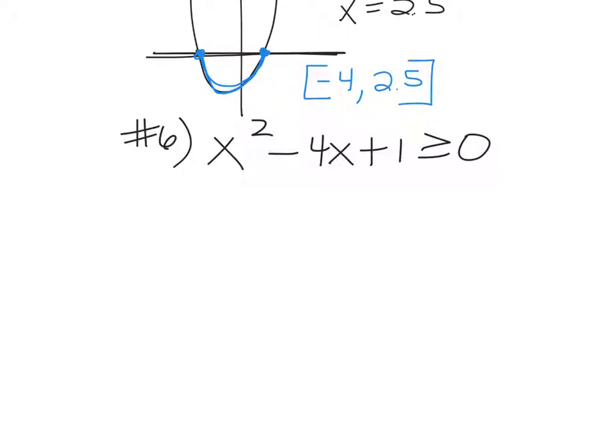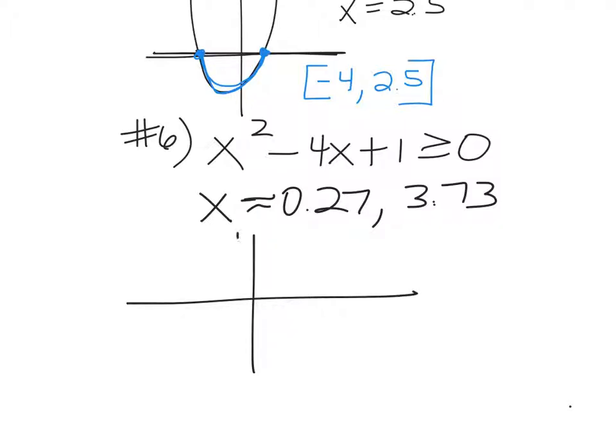You get 0.27, and calculate the intersect again, and you get 3.7, okay? So the zeros are x is about what did I say, 0.27? Yeah? And 3.73. Okay? Those are our zeros.